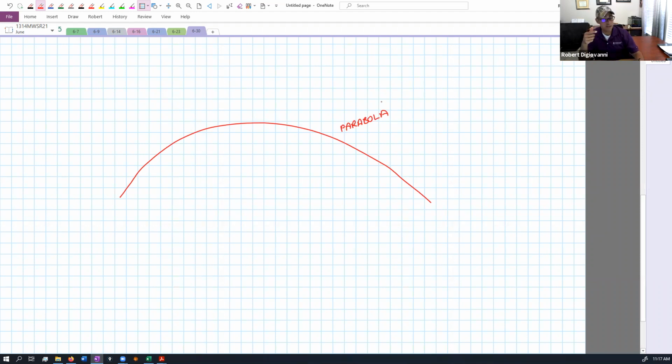Even if you were to take a gun and shoot a bullet out of a gun, when it comes out, it will start curving down, and that is a parabola.